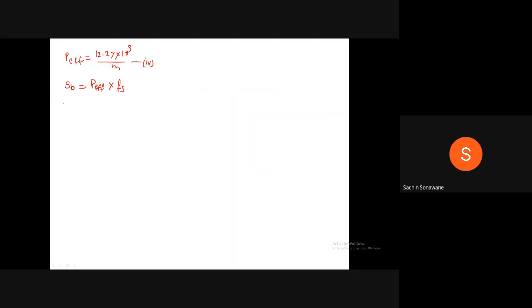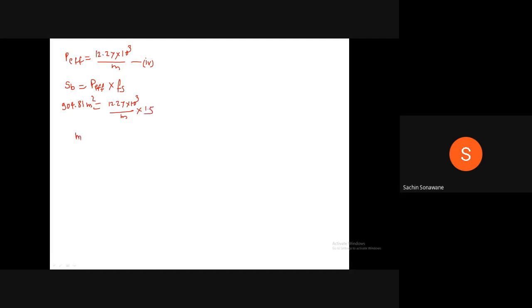What is the value of SB? 904.81 meter square is equal to P effective, 12.27 into 10 raised to 3 divided by M, into the factor of safety, 1.5.